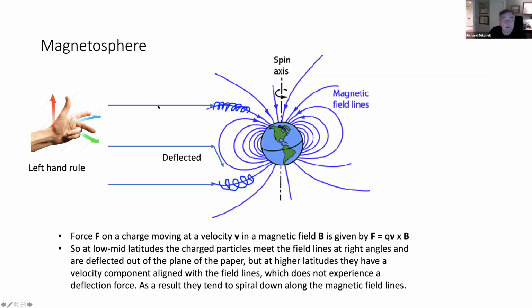But if you look at the northern latitudes up here or the southern latitudes, there is a major component of velocity which is actually parallel to the field line.